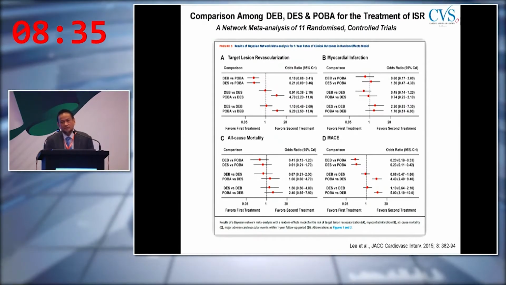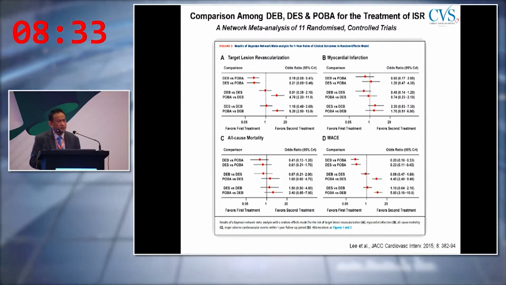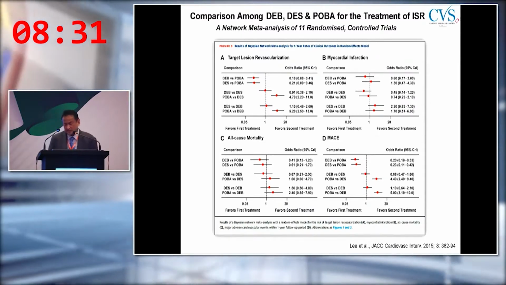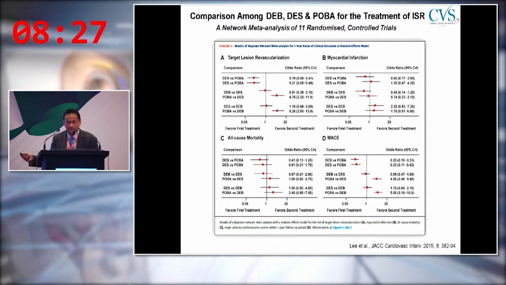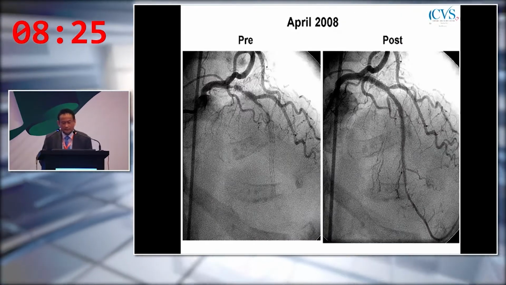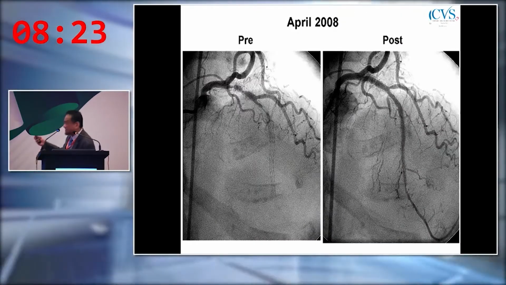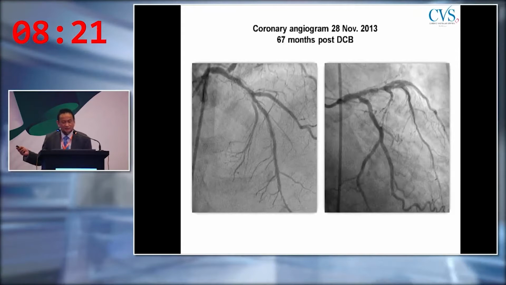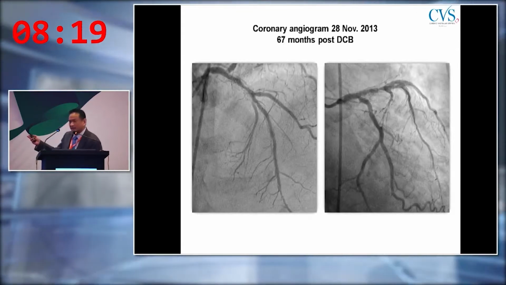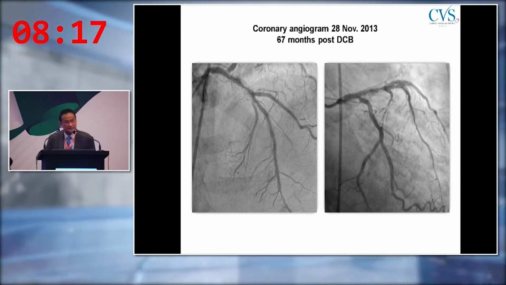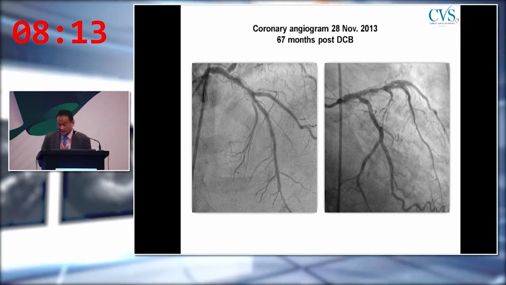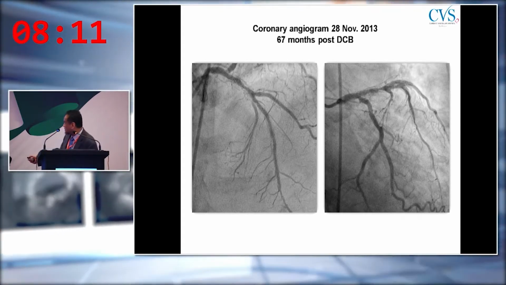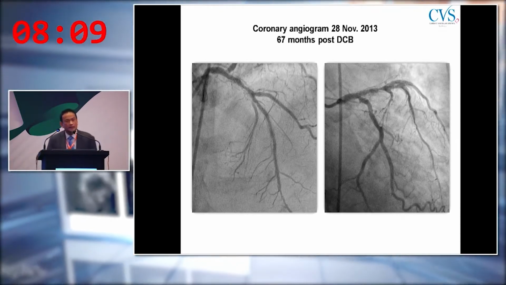And of course, we do not want to consider putting a second layer of stent struts in a lesion, so we try as much as possible with DCB. This is a case that I showed you just now, which was treated with DCB, and followed up about 63 or 67 months later, she came back with angina, and this time the lesion was only a focal lesion in the proximal LAD.